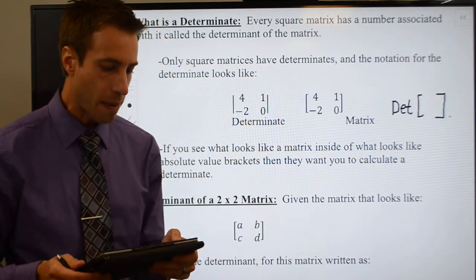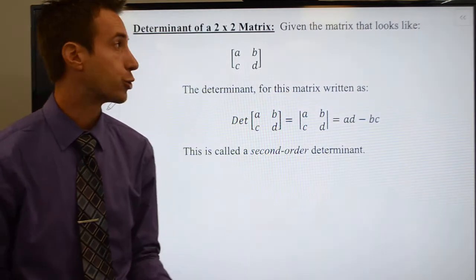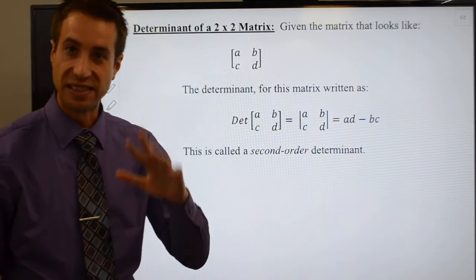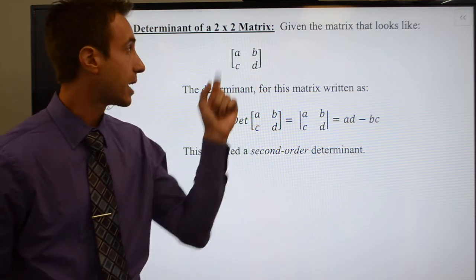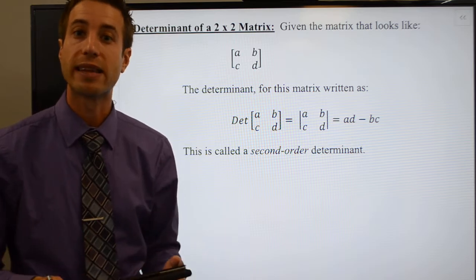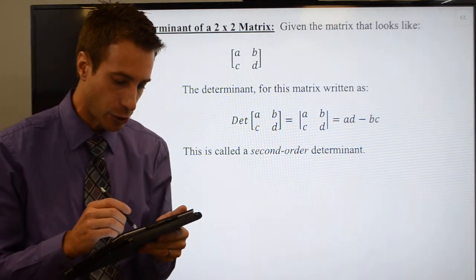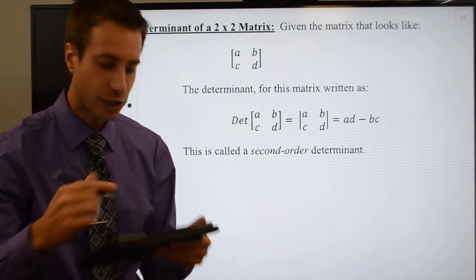Now, how do we go about finding the determinant of a 2x2 square matrix? We're going to start off with the simplest case. You're given this 2x2 square matrix, A, B, C, and D. Here's the way that it works. You're going to need to find the product of the major diagonal.